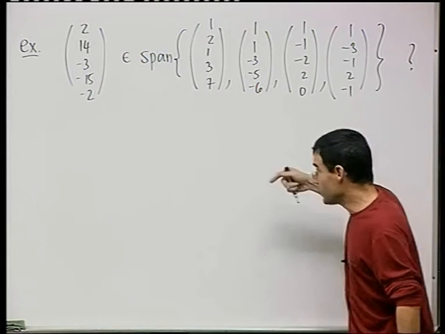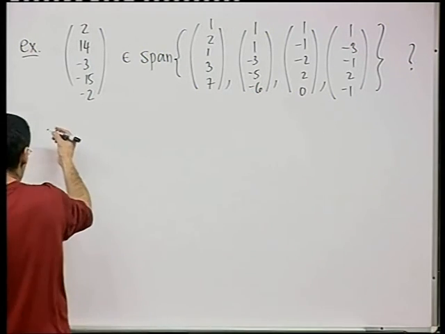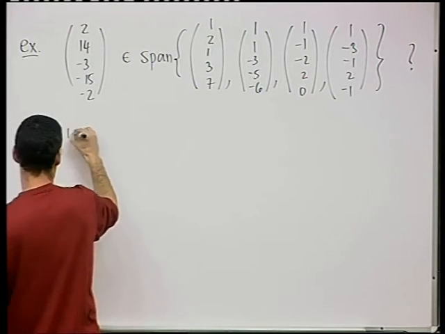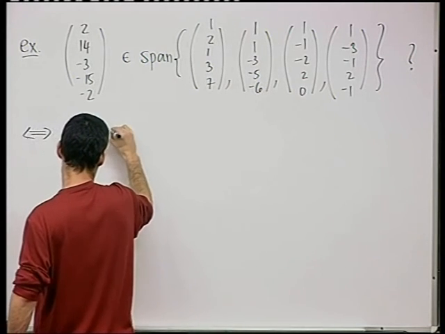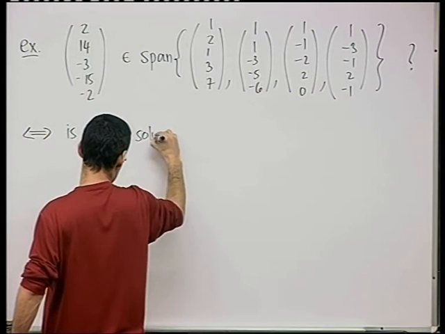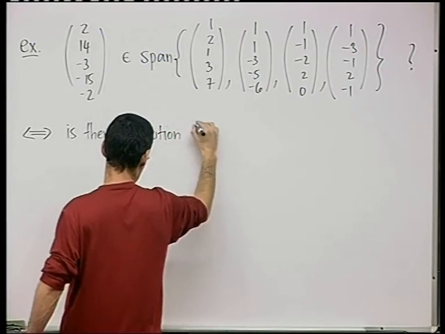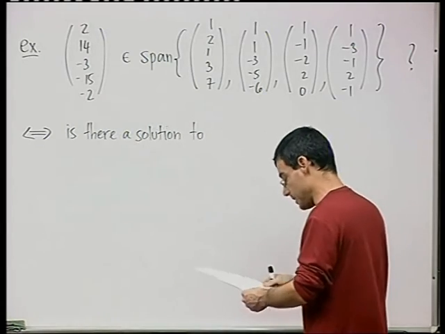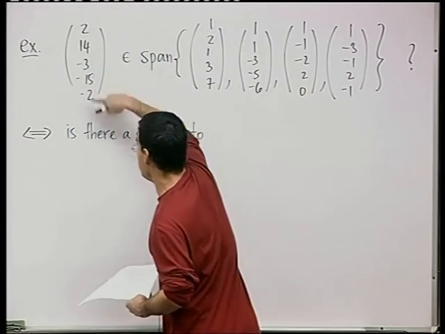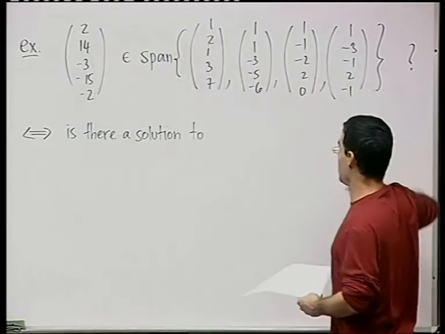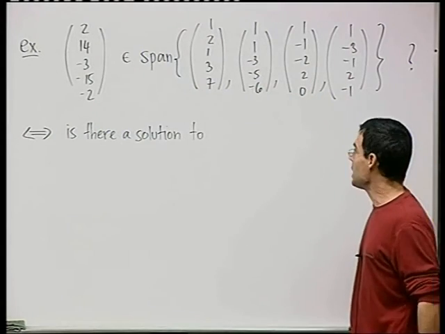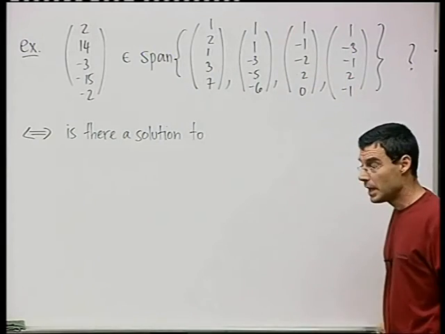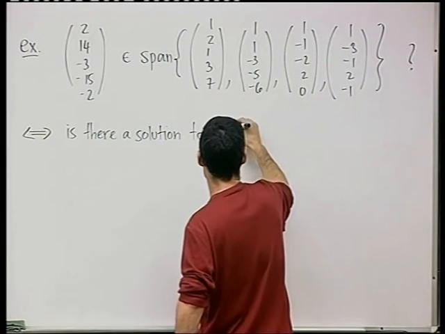Translation: is there a solution to the system? And now I'm going to take this to be B and these to be the columns of A. And I'm going to name the variables X, Y, Z, and W. And the system is going to be the following.